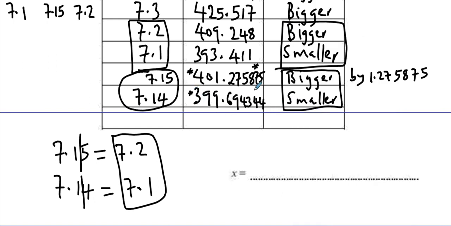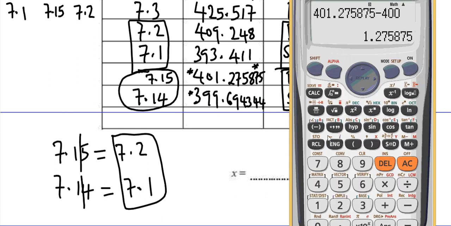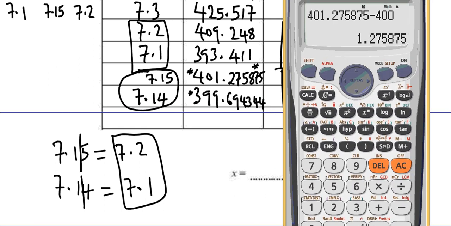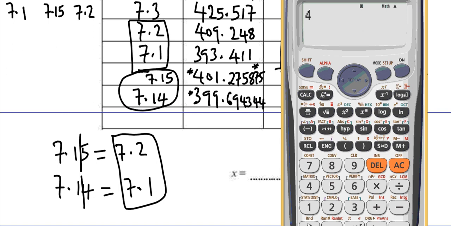Now let us see this other answer. This answer is smaller than 400 by how much? So you take 400 minus 399.694344.